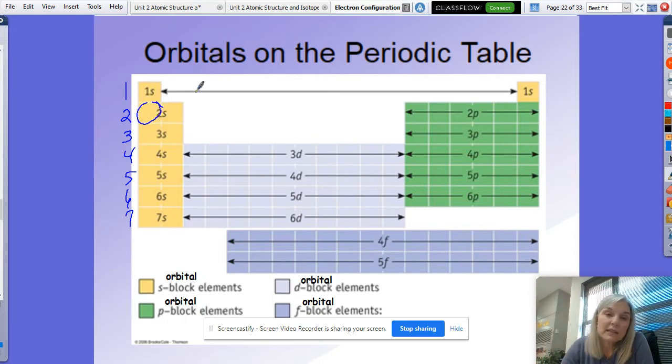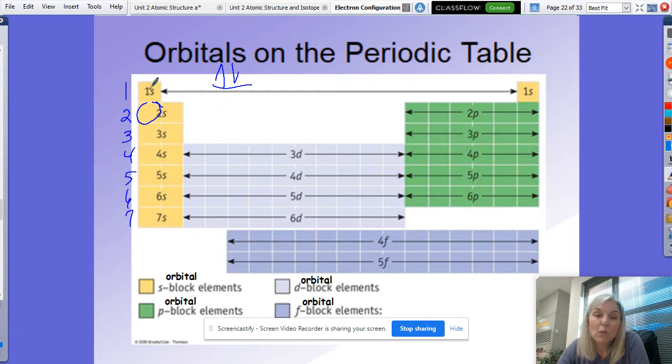And to get to lithium, I'm going to count each box. So that's 1 box, 2. And notice that we're in level 1, and we've counted 2 boxes. So that's why I'm going to have one arrow up and an arrow down, because in the last video, you noticed that you have to have 1 arrow going up and 1 arrow going down, and you can only put a total of 2 electrons in each box.